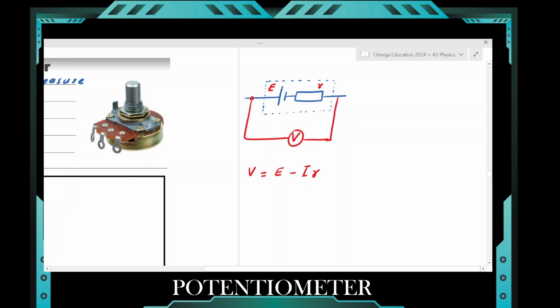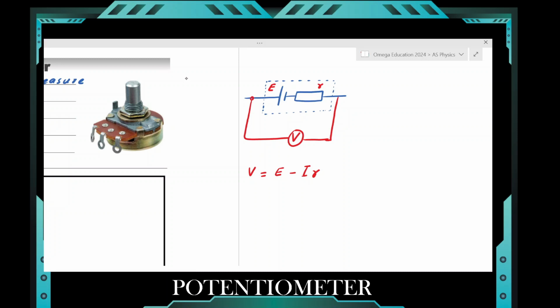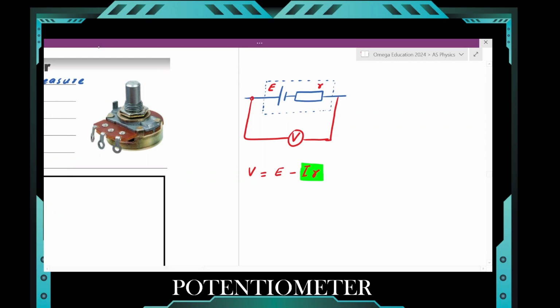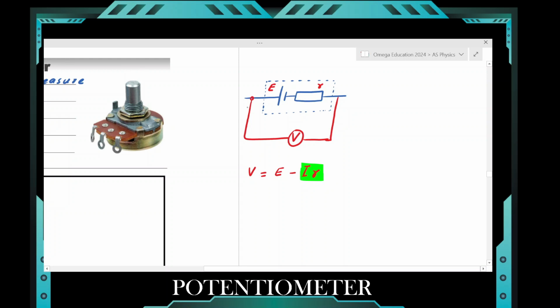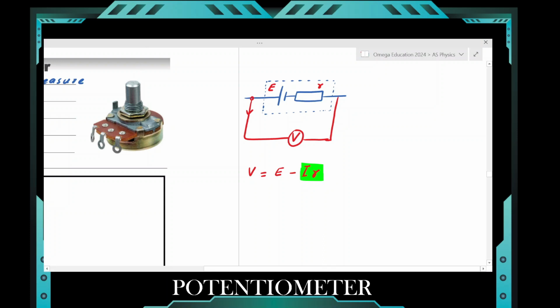Now the question is, the reading that you get on the voltmeter is not the EMF of the battery. It is the terminal voltage after subtracting the drop at the internal resistance. Because in this case, the current flows through the battery and through the voltmeter, only then do you get the reading of the voltage.